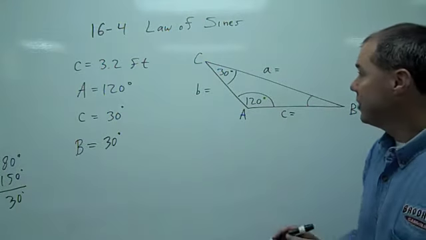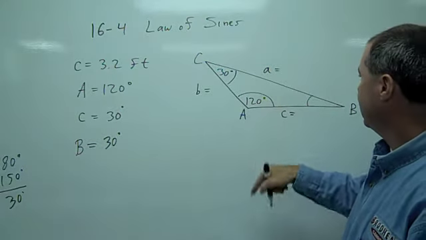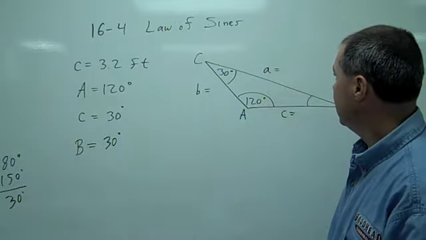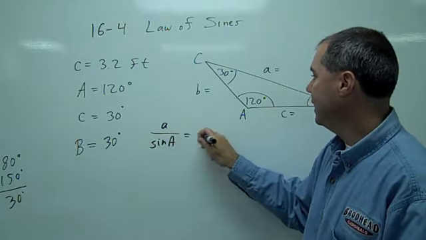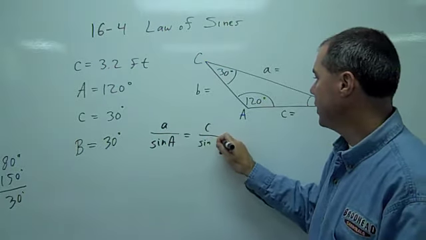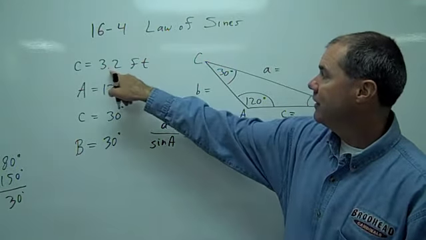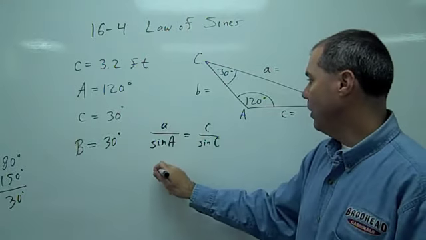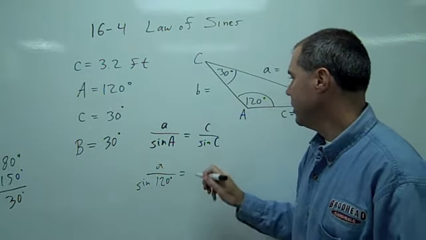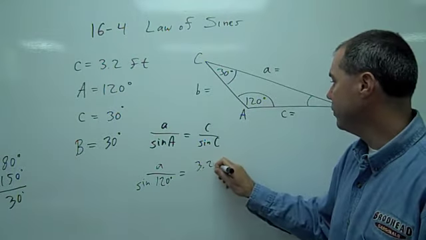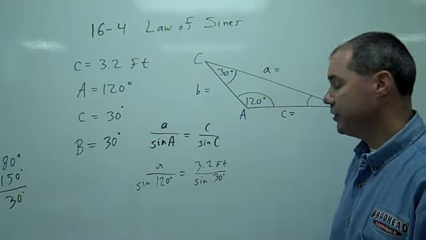Let's use the law of sines. Since we're given angle A and angle C, we can use a over sine A equals c over sine C. We're given side c, so a we don't know. a over sine of 120 degrees equals c, which is 3.2 feet, over sine of 30 degrees.